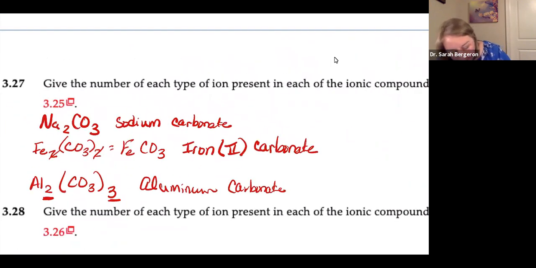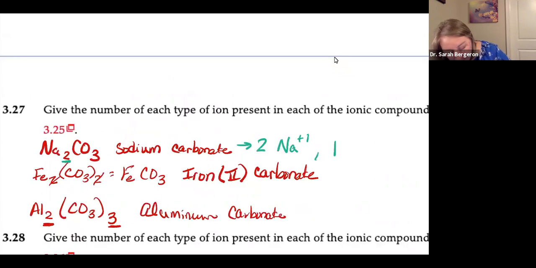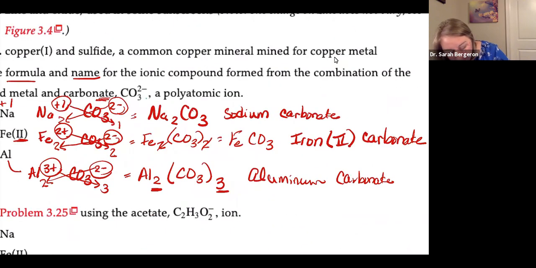So in my first one, I have 2, because here's my subscript, 2 sodium ions, but let's put the symbol. 2 Na, and what was my charge on Na? It was a +1. And then I have 1 carbonate. And if you have to go up and look, you can go up and look.